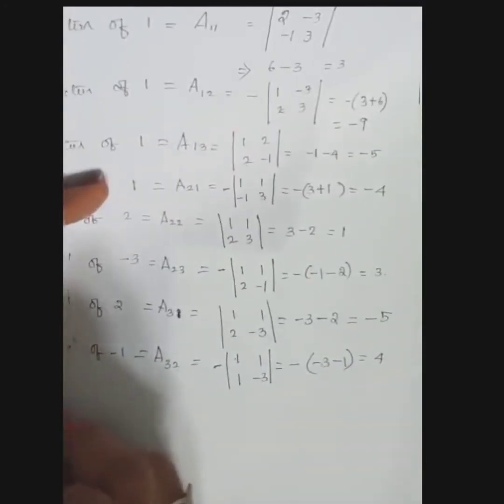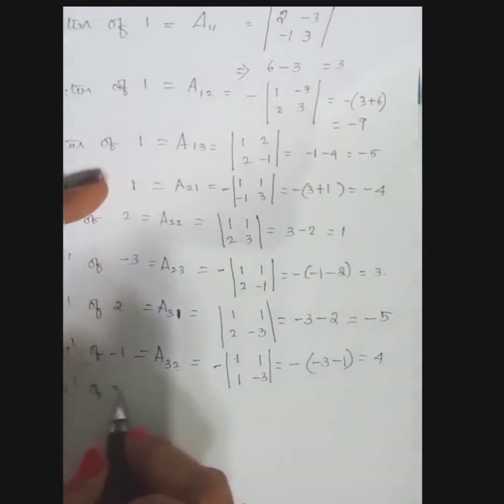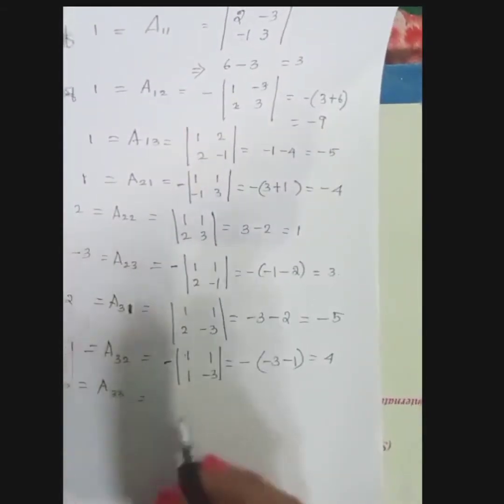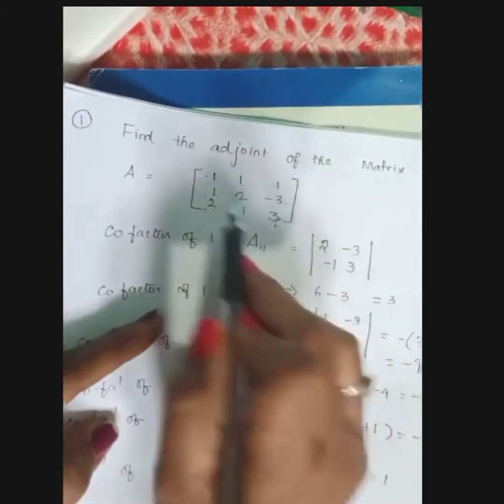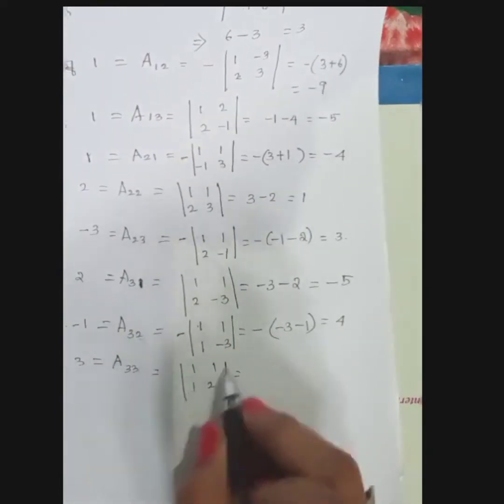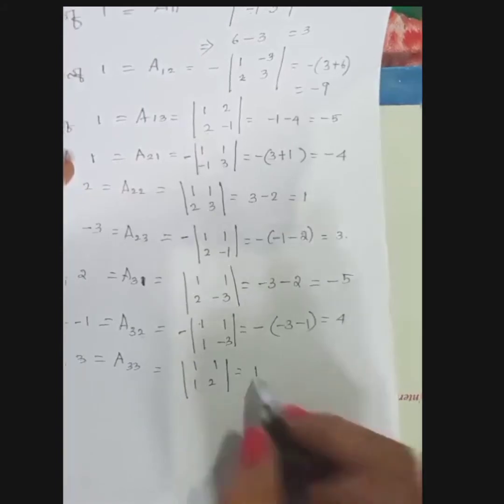Now we find the cofactor of 3, which is the third row third column element A33, which is the determinant of, leaving this row and this column, 1, 1, 1, 2. If you take the determinant, 2 minus 1 is going to be 1.